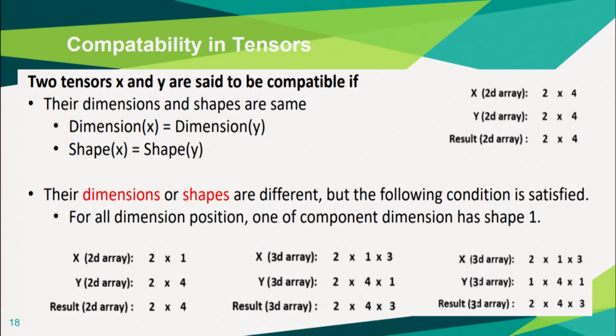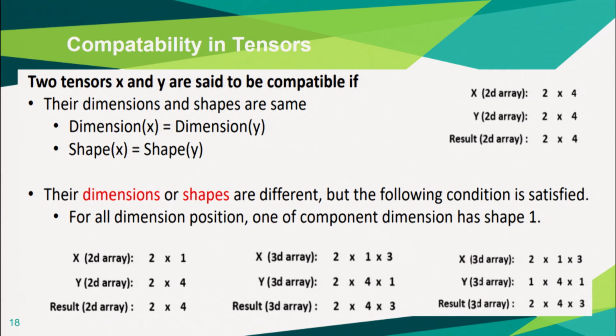Now, moving on, till now we have discussed so many additions and multiplications, and how two tensors are operated on. This is the rule: two tensors x and y are said to be compatible if their dimensions and shape are the same. This we already know.